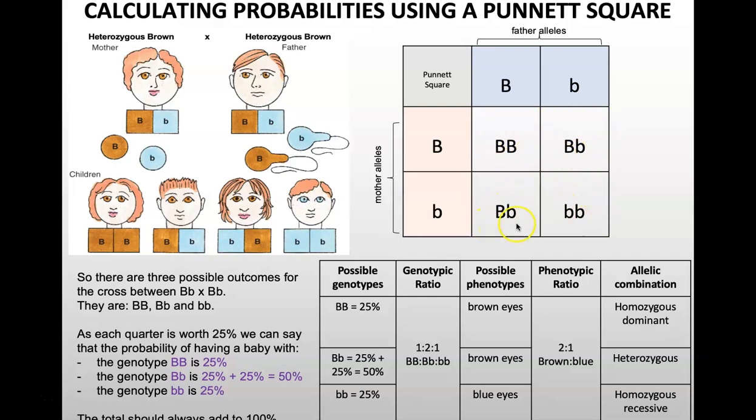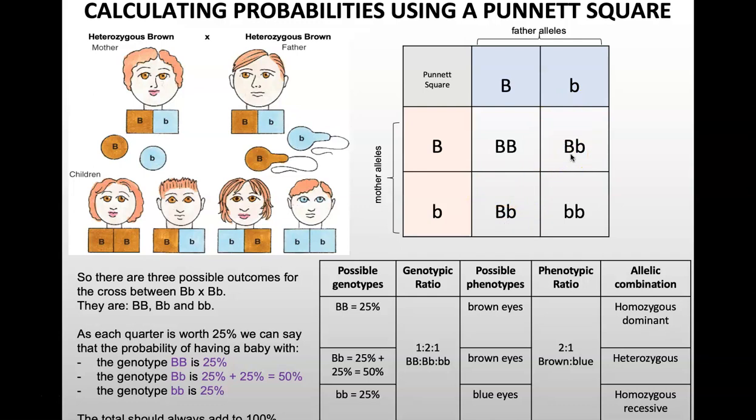So we can say that 25% of the probability would be to have an offspring with homozygous dominant alleles, genotype big B big B, and 25% would be to have a homozygous recessive, little b little b offspring. Then 25% plus 25%, 50%, would be the heterozygous form, big B, little b.